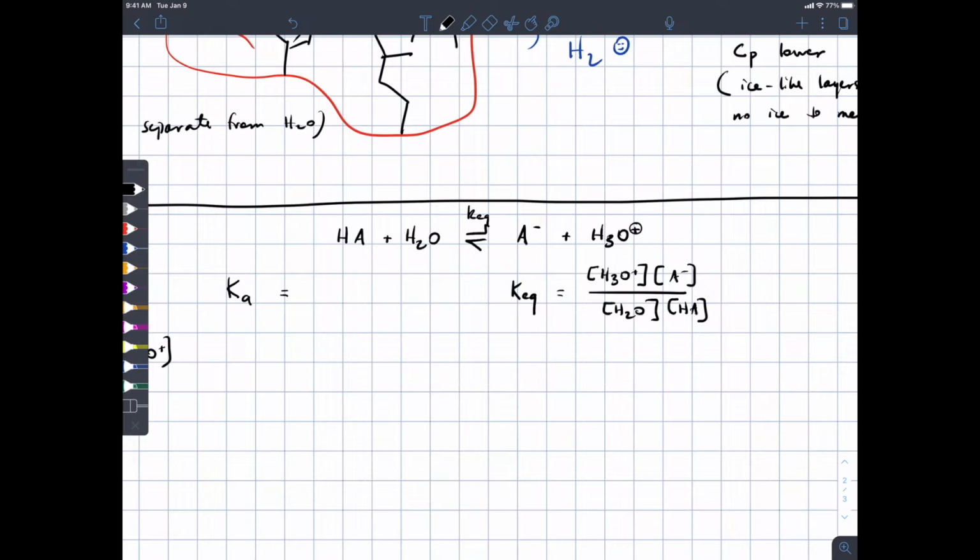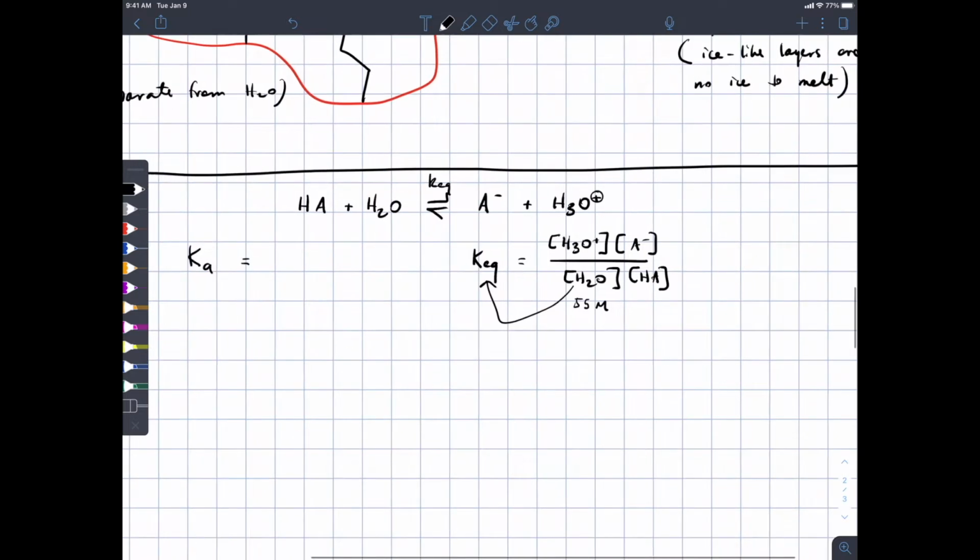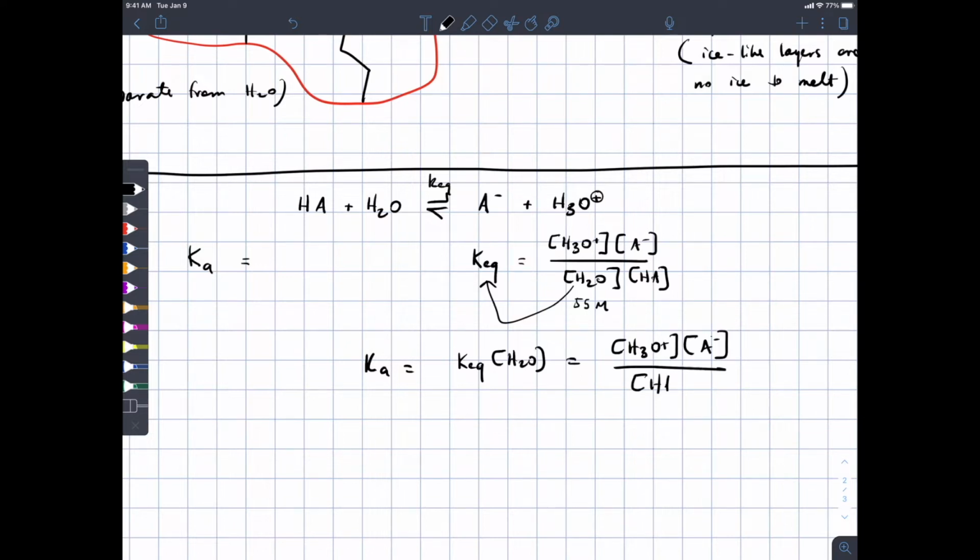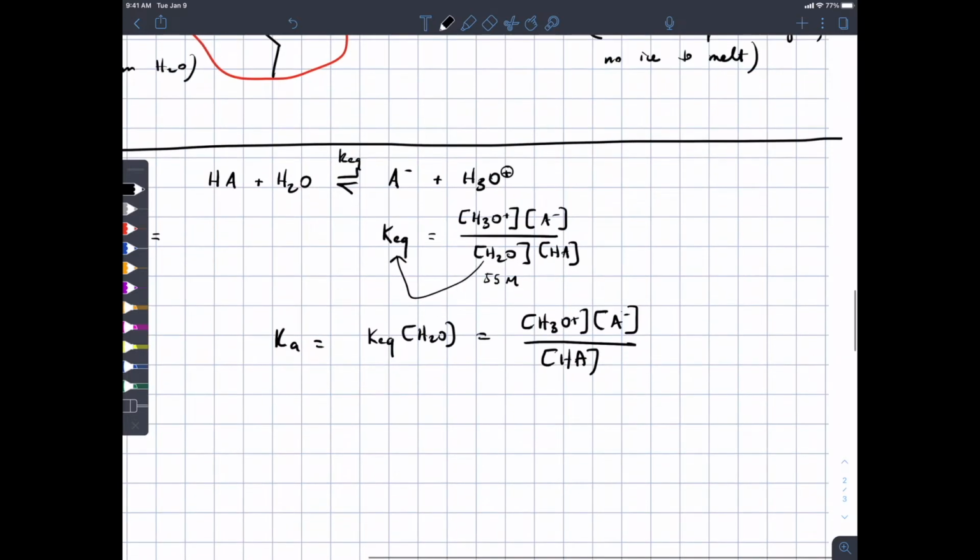So actually, because the concentration of water is high, around 55 molar in any solution of water, it remains constant, and you can multiply both sides by the concentration of water, and then you get the more familiar formulation of Ka.